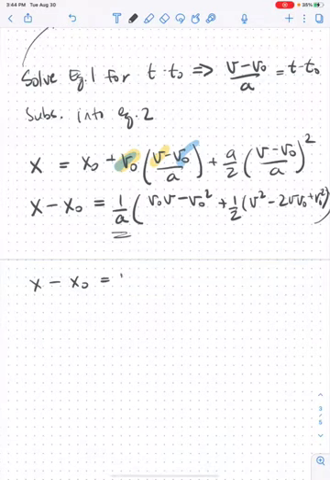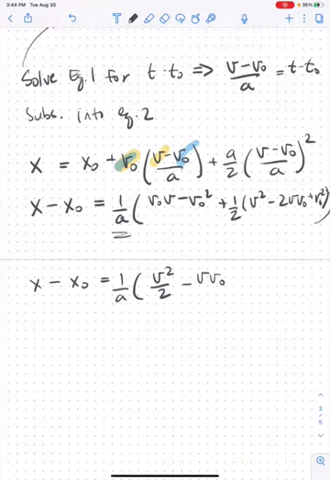So I've got x minus x naught times 1 over a is v squared over 2 minus v naught plus v naught squared over 2.